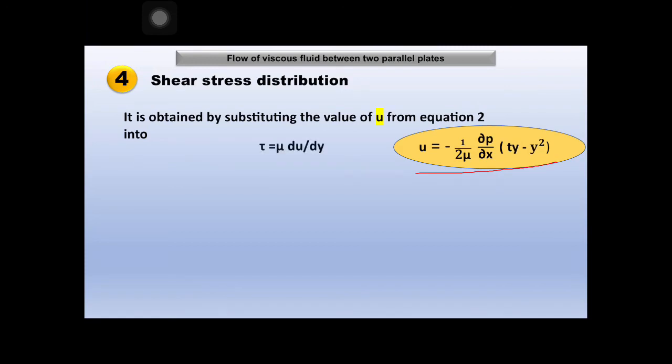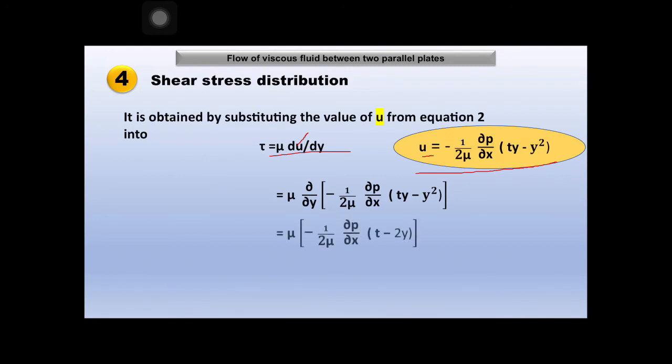And from Newton's law of viscosity for a viscous fluid, shear stress is equal to mu times the velocity gradient, and in this equation we are going to substitute the value of u. So tau, the shear stress, is equal to mu into d by dy of the value of u, where u is minus 1 by 2 mu into delta p by delta x into (ty minus y square).